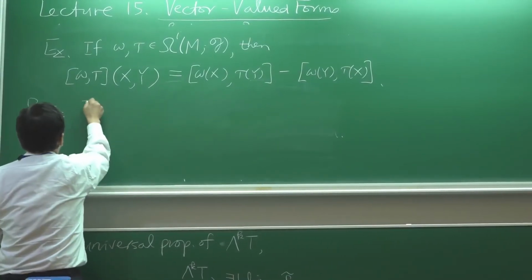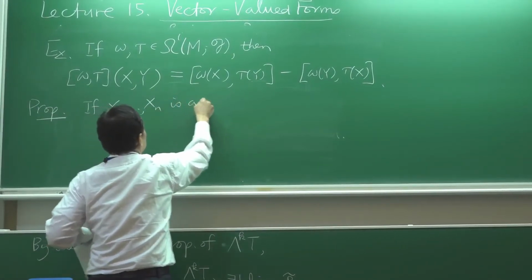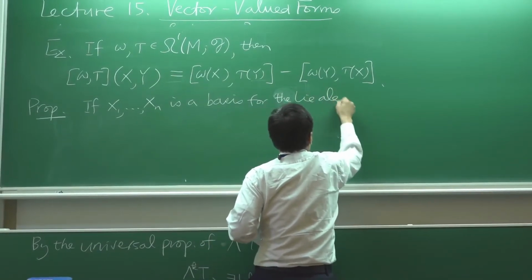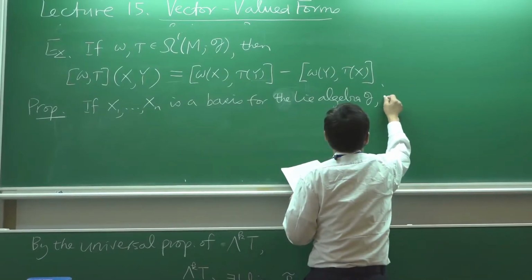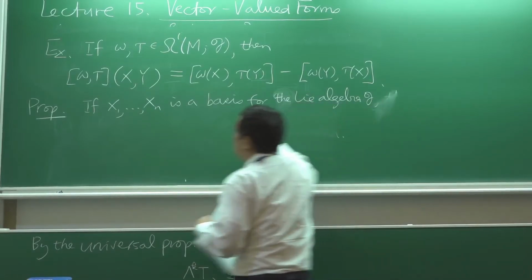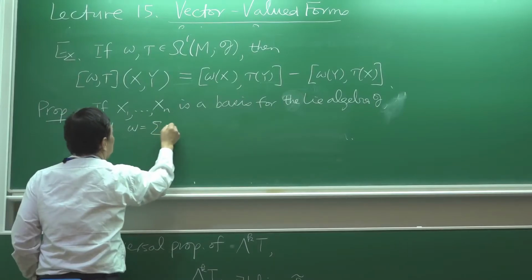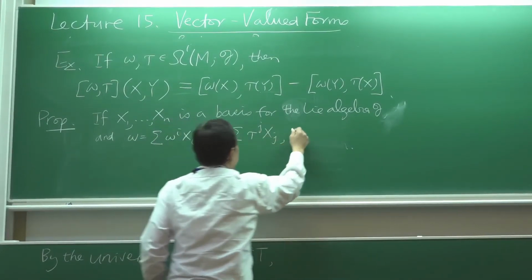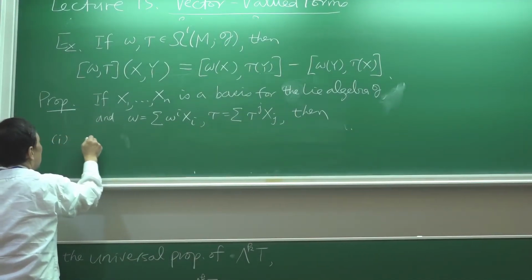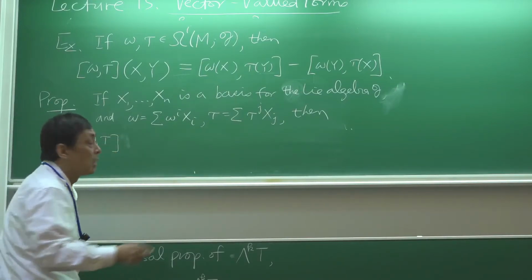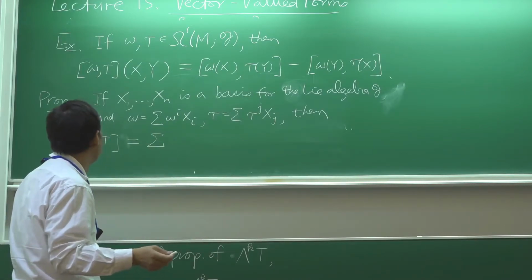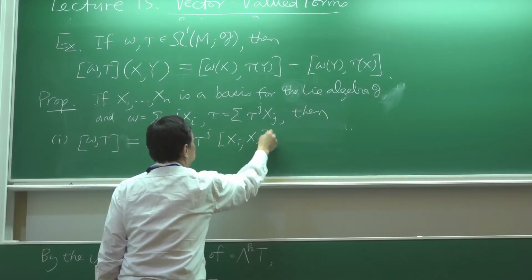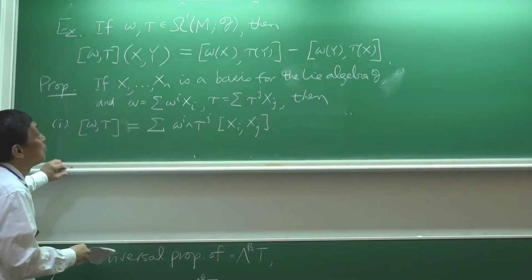Proposition: if x1 to xn is a basis for the Lie algebra, omega is the sum of omega_i x_i, and tau is the sum of tau_j x_j, then omega bracket tau is the sum of omega_i wedge tau_j times the bracket of x_i, x_j. That's the first property.